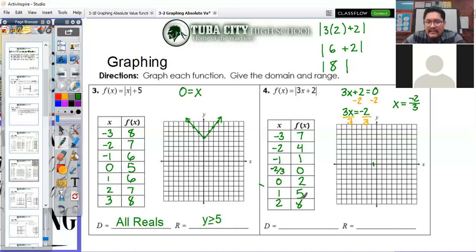So absolute value of 8 is 8. All right, so -3, 7. -2, 4. -1, up 1. Oh wait, no, I missed that last point here. This should be up 1 more. And again, it should be a straight line.